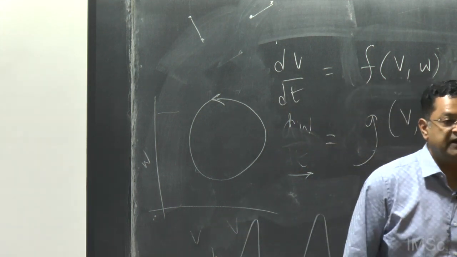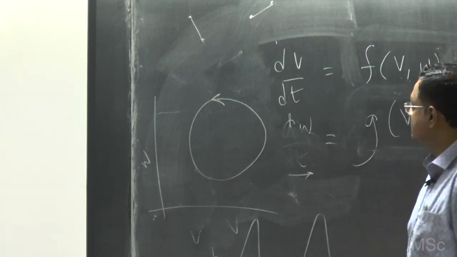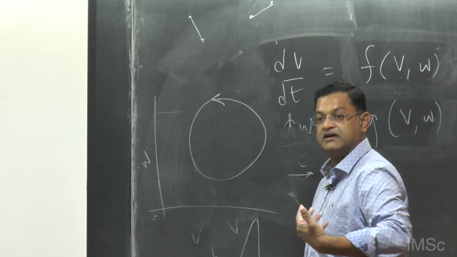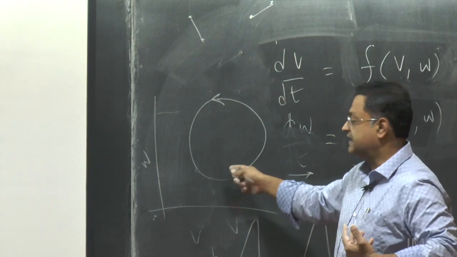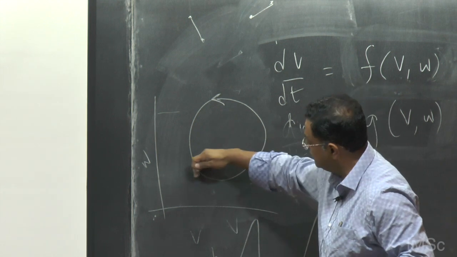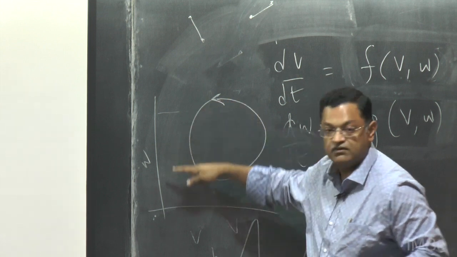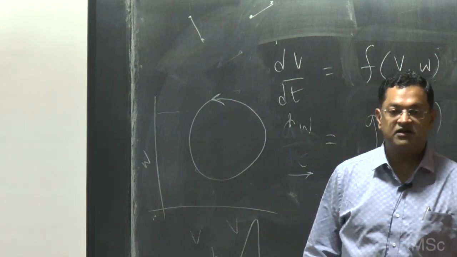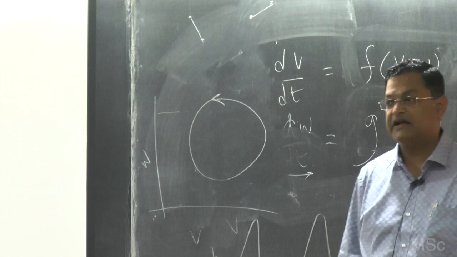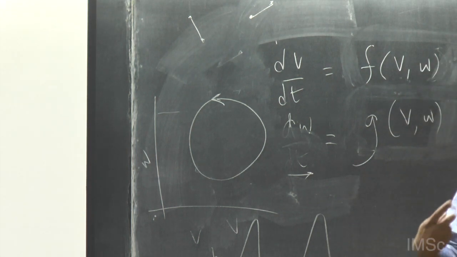Remember, this is a phase plane, so you are suppressing time, but you can recover the time information by imagining how things might work in the time direction. The arrow tells you the direction of time, and you are going around and down. When you are going like this, you are increasing the voltage; when you are going back down, you are decreasing the voltage. So a closed circle in the phase plane dynamics corresponds to repetitive firing in the voltage.